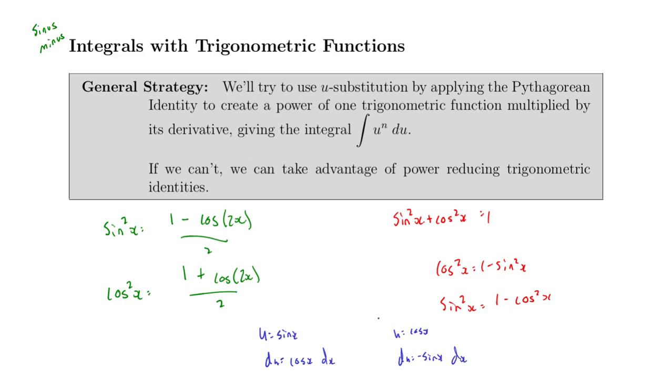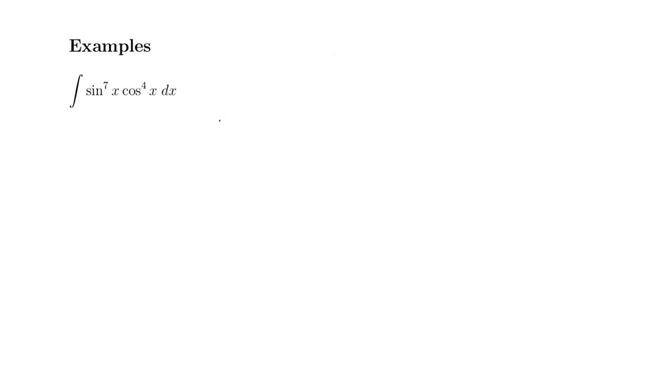There we go. So we notice that we need to have some extra single exponent, but then when we're doing these conversions with the Pythagorean identities, we need powers that are even. So if I tried to write this way, sine to the 7th x times cosine cubed x times cosine x dx, and my plan was to take these and convert to sine, that's not going to work out very nicely because I've got this odd exponent.